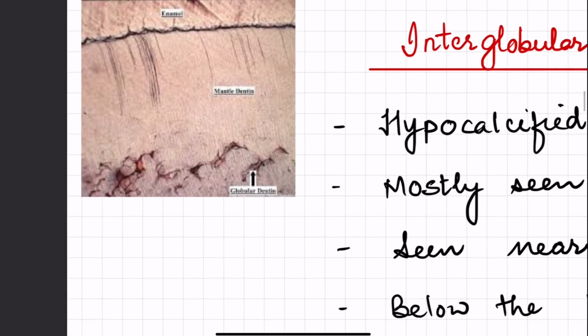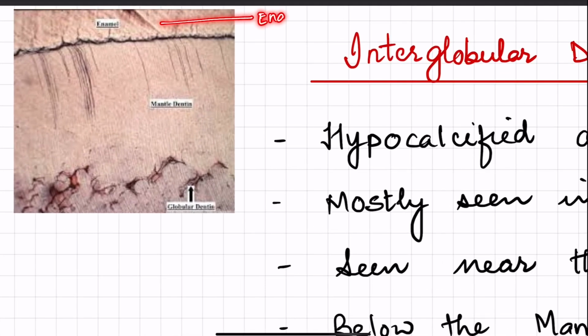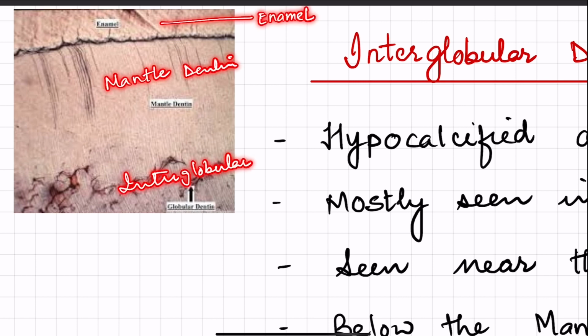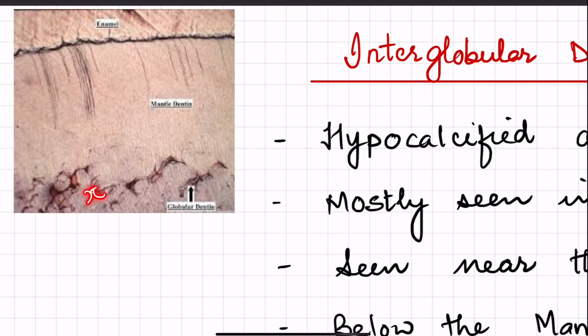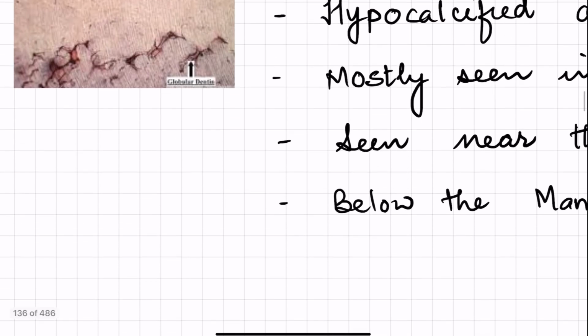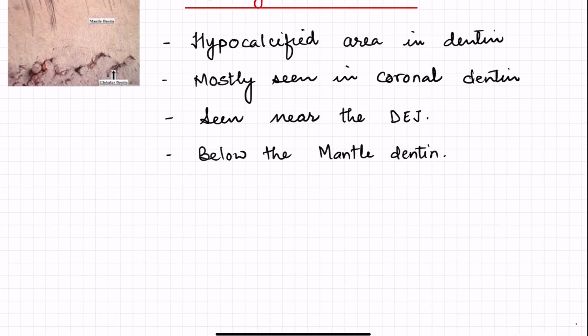Near the dentino-enamel junction there is mantle dentin. So this is enamel, this is mantle dentin beneath the DEJ, and this is the interglobular dentin. You can see the typical shape of the interglobular dentin. The dark areas in the dentin are the interglobular dentin. Now the location again, seen near the DEJ and below the mantle dentin.